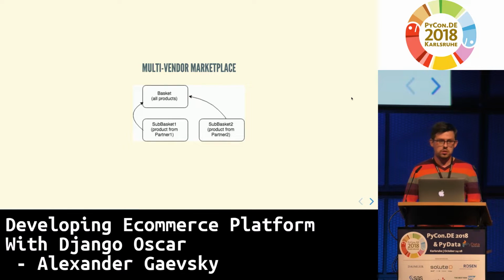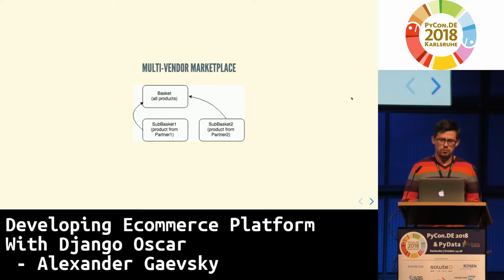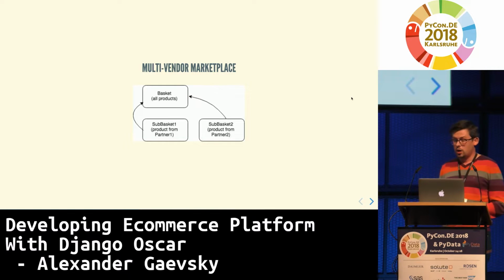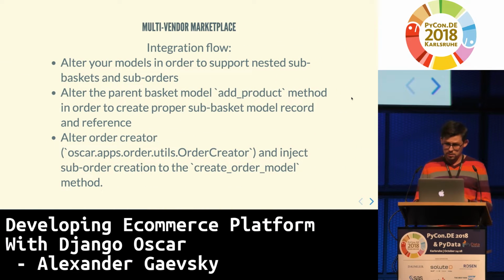But what if you have a marketplace and you need to have products from multiple suppliers? You will need to implement sub-basket and sub-order models, which would be nested from the orders. So basically, it's not quite an easy job, but let's see step by step.